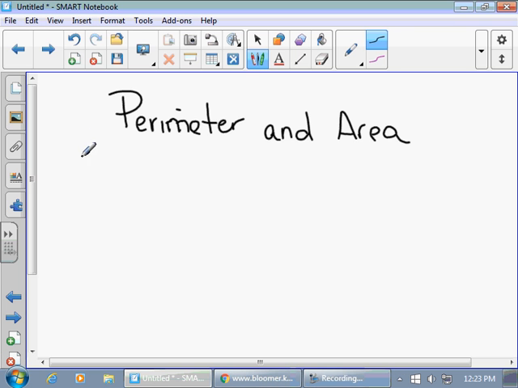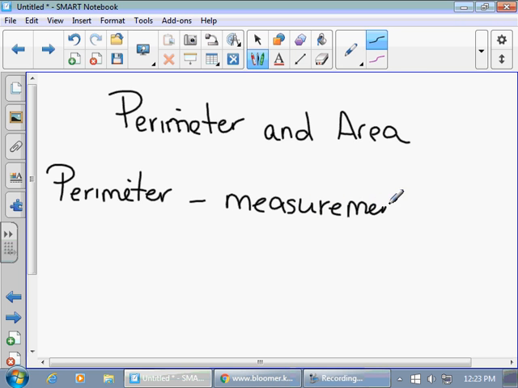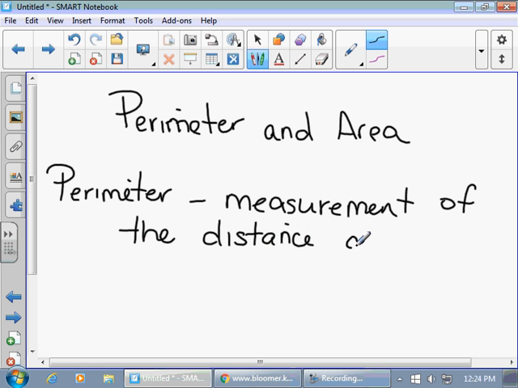Okay, so in your notes, you need to write perimeter. It is the measurement of the distance around the outside of the object.